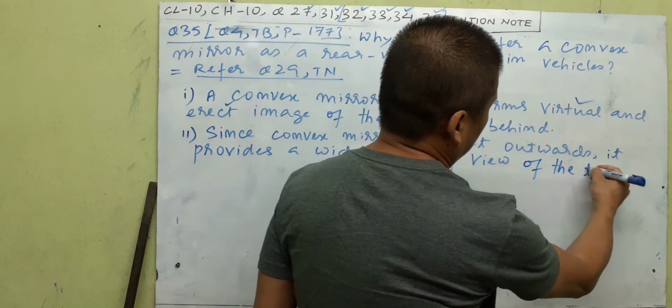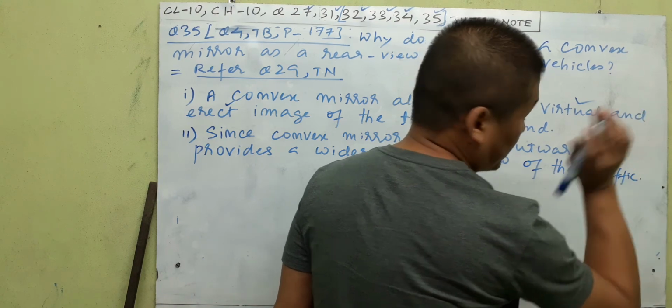So that is the second reason why we use a convex mirror as a vehicle mirror.